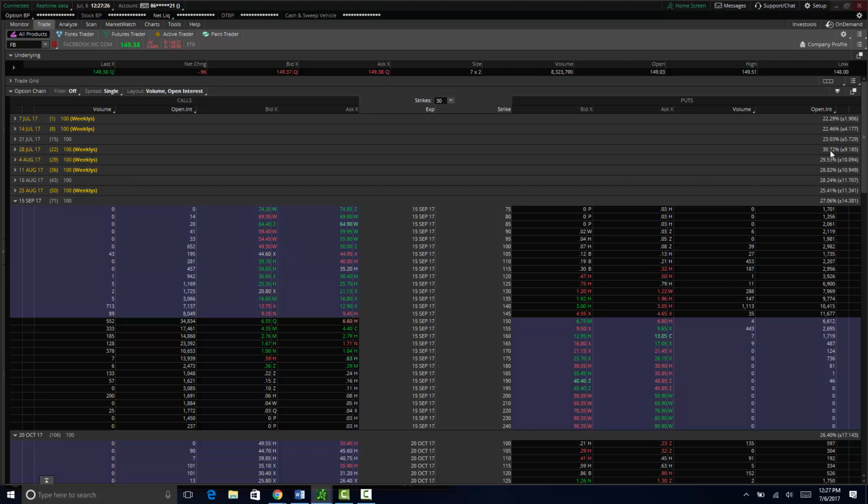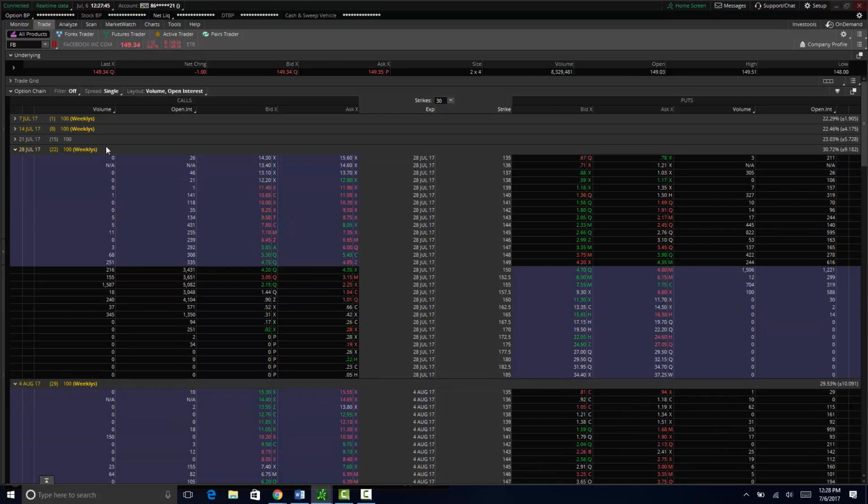But I can find, just looking right here, this is the volatility and the implied move. I can find this just by going to the option expiration with the highest volatility. So you see how it goes from 22%, 22 to 23%, and then it jumps right here in July 28th to 30% with a $9 implied move.